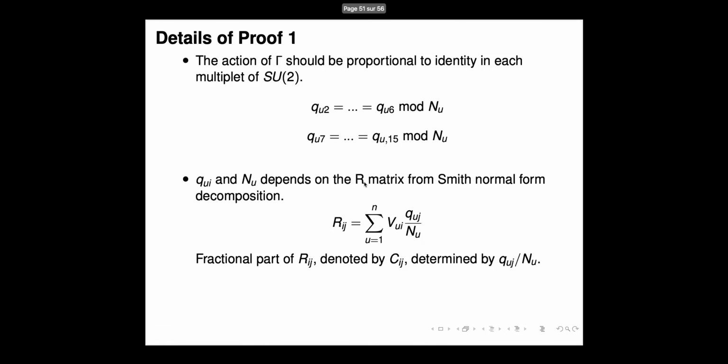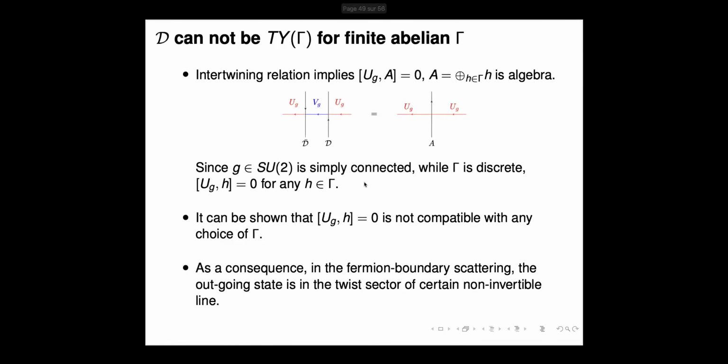So I proved that the corresponding topological defect D is not a duality associated with gauging a finite abelian group. In addition, it means that if you fuse D with D dagger, it gives you an algebra object, which is a sum of non-invertible elements.